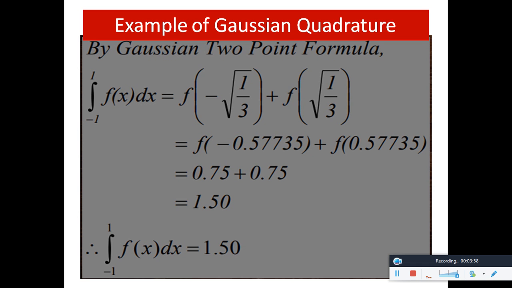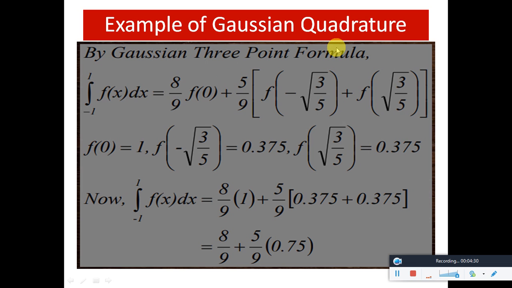Now x1 is minus 1 by root 3, which is minus 0.57735, and 1 by root 3 becomes 0.57735. After substituting in f of x, you will get 0.75 and 0.75. So finally the value becomes 1.50. So the integral value under 2-point Gaussian quadrature is 1.50.